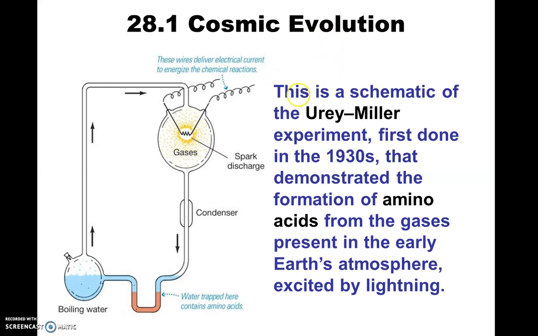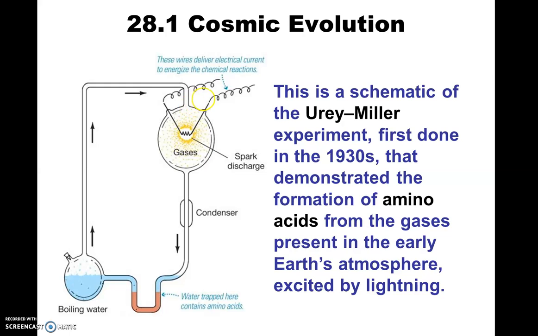Basically, what Miller did is they filled up a glass container with various gases that we thought were in the early days of the Earth, or in the Earth's atmosphere. Nitrogen, for example, the N2 molecule, carbon dioxide, methane, and ammonia.